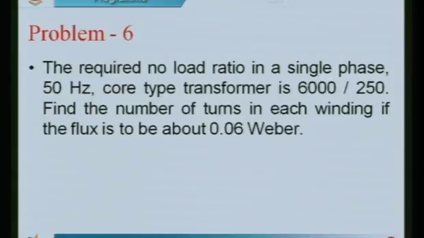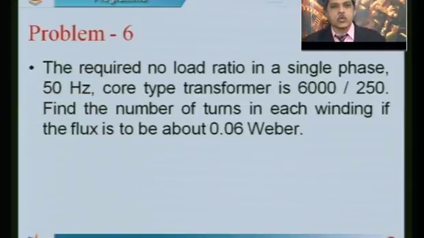The required no load ratio in a single phase 50 Hertz core type transformer is 6000 by 250. Find the number of turns in each winding if the flux is to be 0.06 Webers. No load ratio he has given, so I consider this no load ratio to be the voltage ratio.